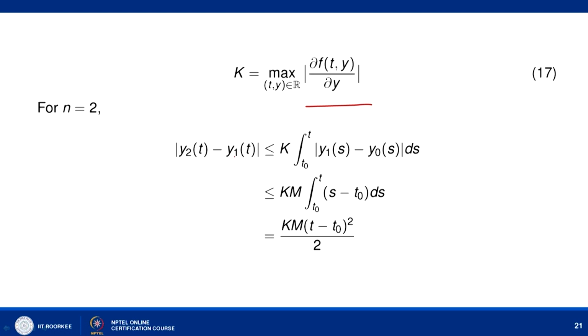So y2(t) minus y1(t) is less than or equal to k times the integral from t0 to t of y1(s) minus y0(s) ds.